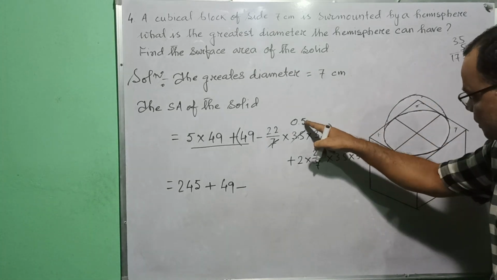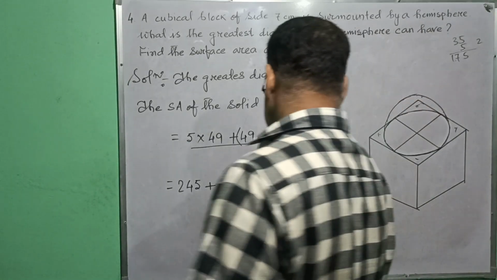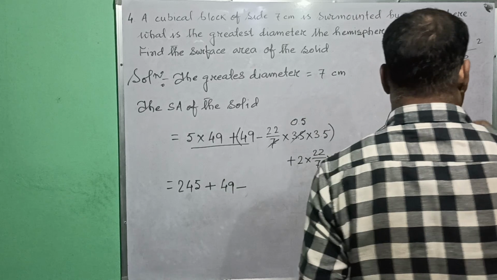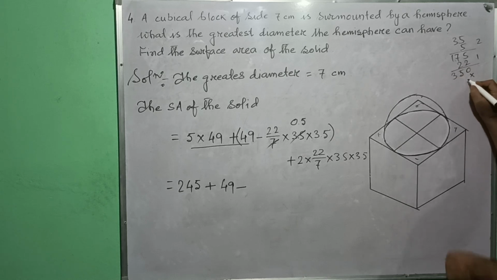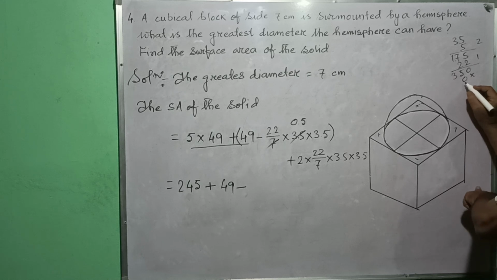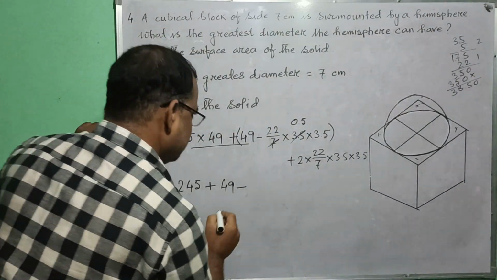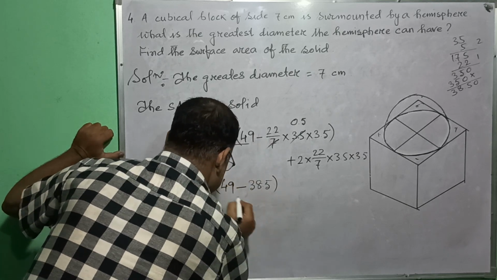How many decimals? 2 decimals, so it is 1.75. Let us multiply with 22 also together, so it is 38.5. Let it be in the bracket.